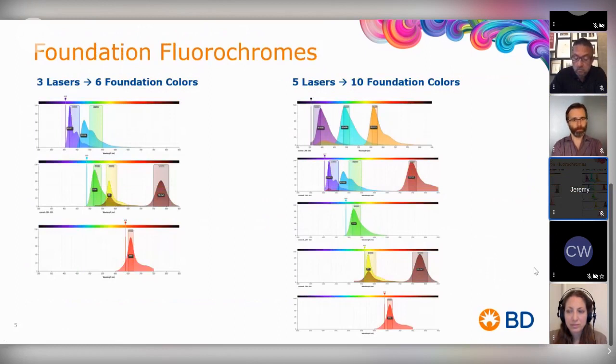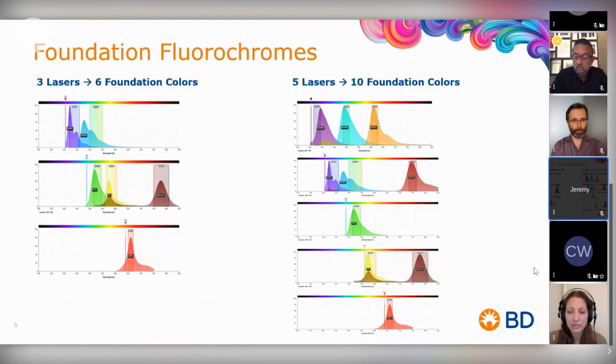Another critical point that we emphasized is that the number of fluorochromes or foundation colors that can have minimal impact is a function of the complexity of the instrument. So if you look at a 3-laser instrument, based on the real estate and the space that we have available, we could find 6 colors that work very well together with minimal challenges.